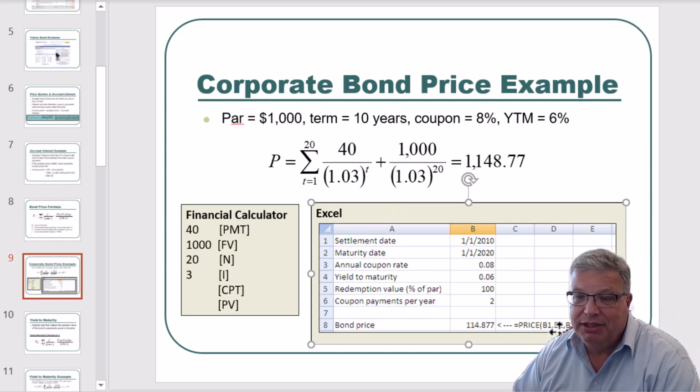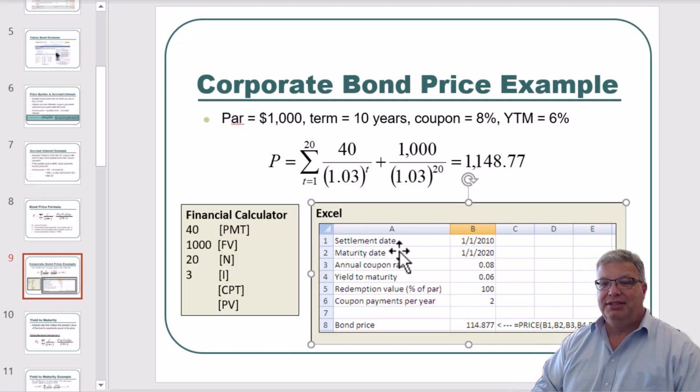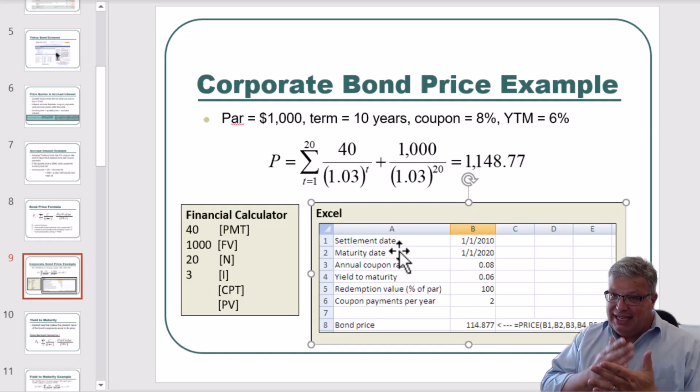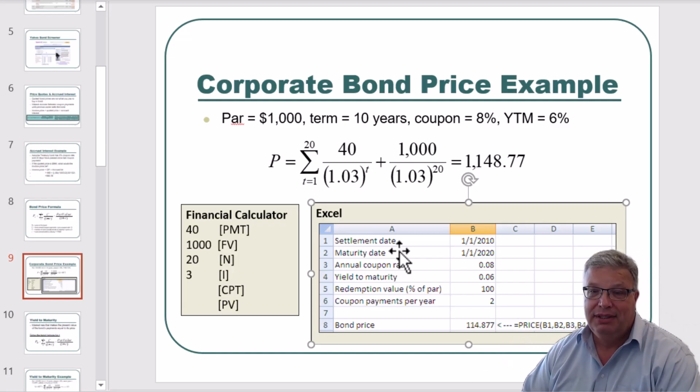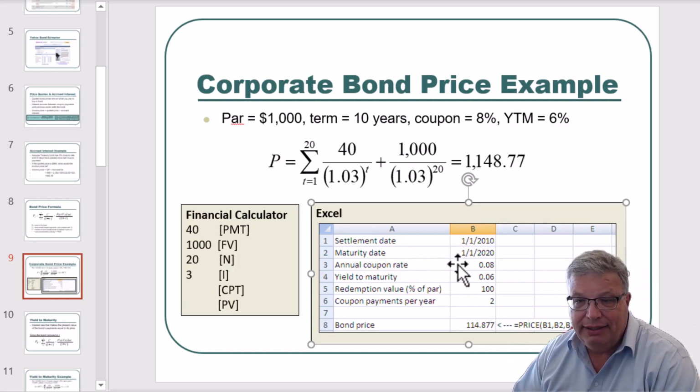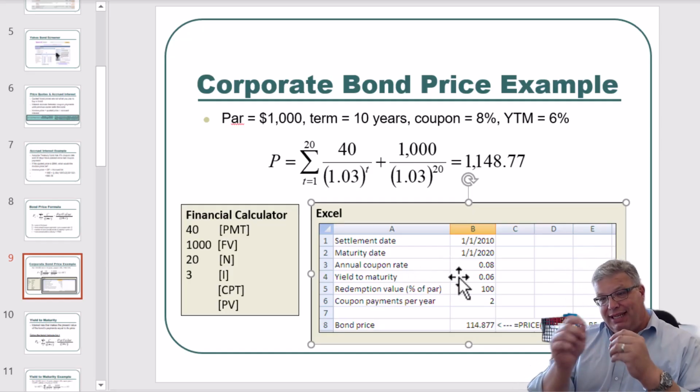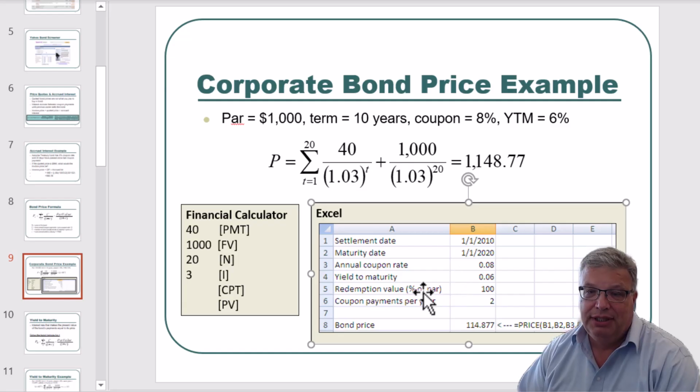You can see the formula right here. These are the parameters: the settlement date, the maturity date. So this is a little more detailed. It's down by the day. It's not like your normal present value formula. Then the annual coupon rate, the annual yield to maturity, and the formula takes care of those adjustments.